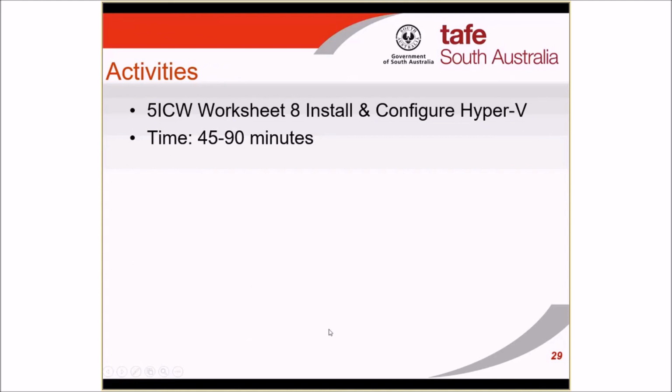All right, guys, so this is the end of the PowerPoint presentation. What I want you guys to work through is worksheet 8, which is Install and Configure Hyper-V. There's a couple of tricky points, so you'll have to edit the VMX files for your server to allow for this nested virtualization. If you don't get that syntax right, it might not work, so just be a little bit careful.